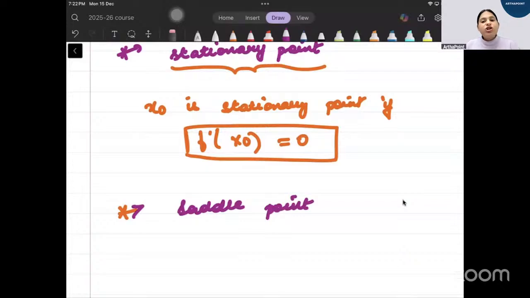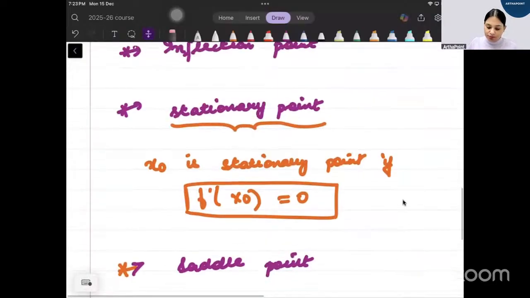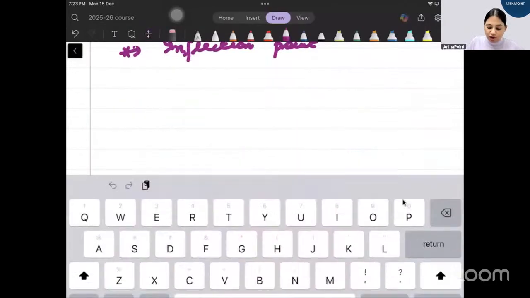So inflection point is any point where your curve changes its curvature. ठीक है? Where the curvature of the function changes.